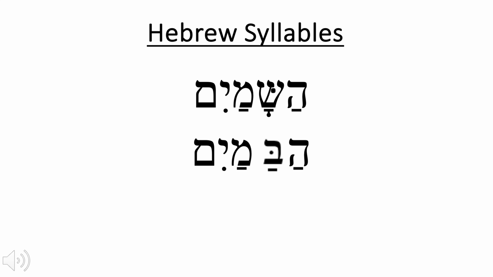The way that you can verify whether a Begadkefat letter has a Dagesh lene or a Dagesh forte is to look at the previous vowel. If the previous vowel is a short vowel, then the Dagesh is a Dagesh forte. It's doubling the Begadkefat letter. If, however, there is no short vowel prior to the Begadkefat letter, or if it's a long vowel, then the Dagesh in the Begadkefat letter will be a Dagesh lene.